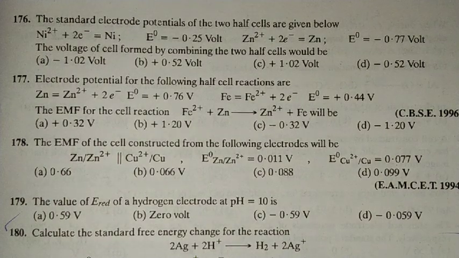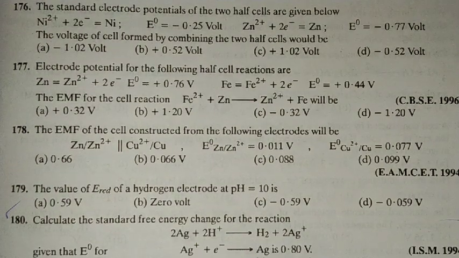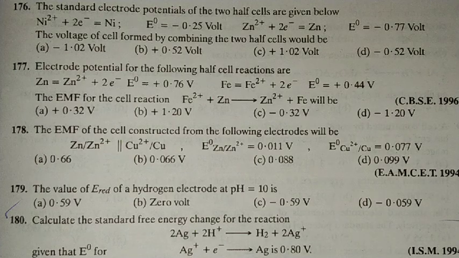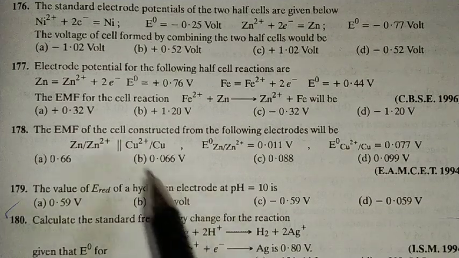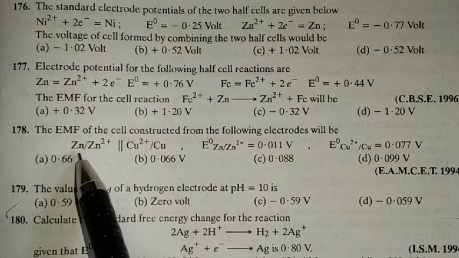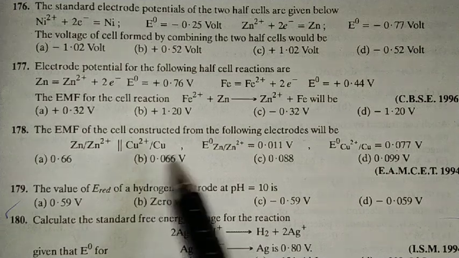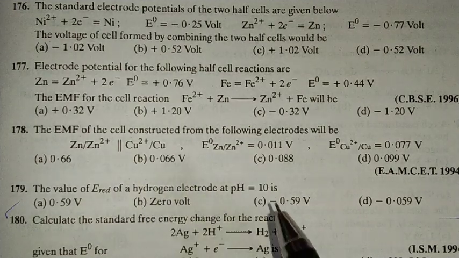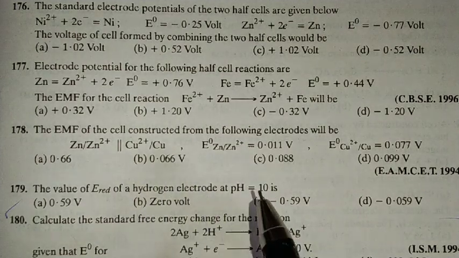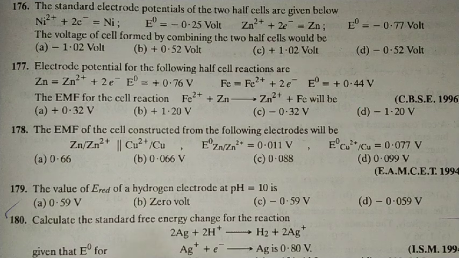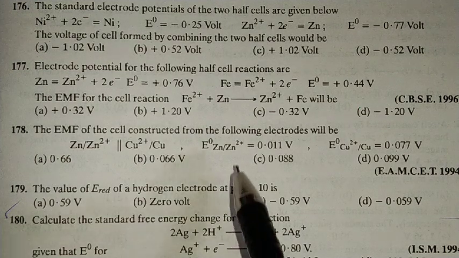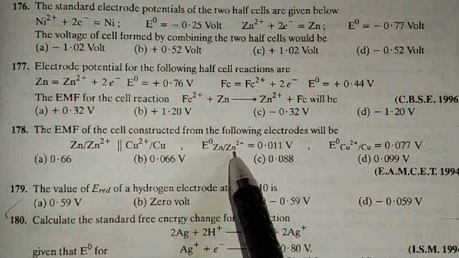Now look at the next question. The EMF of the cell constructed from the following electrodes will be. Here again two electrodes are given, directly as a galvanic cell representation. Zinc undergoes oxidation, copper undergoes reduction. And I already said to you, before solving the numerical, observe whether they are SRP values or SOP values. E naught Zn by Zn plus 2 is given, that means this is an SOP value, standard oxidation potential.